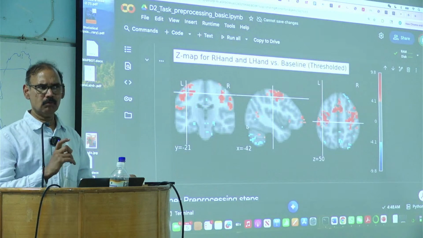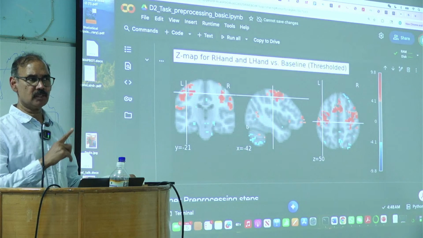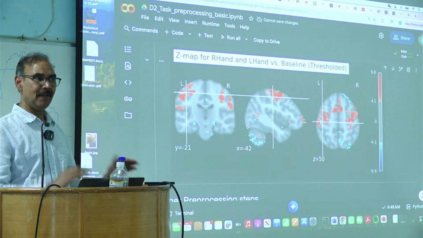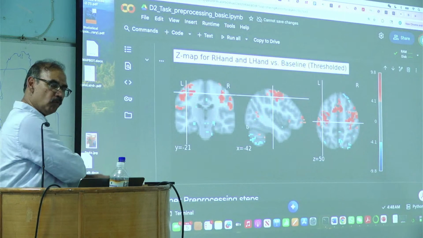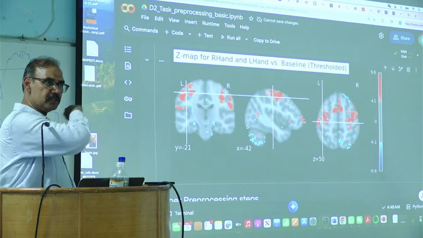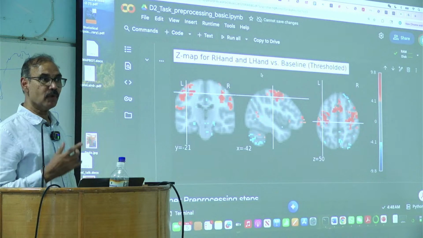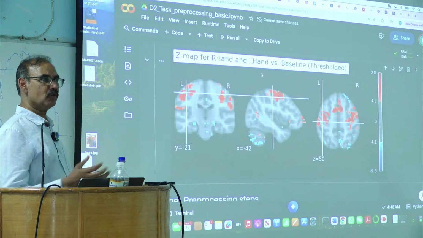No, no, we are not looking at the baseline. Blue means negative, red means positive. Condition 1 is baseline, condition 2 is right hand and left hand. What would be your threshold? What threshold would you use?